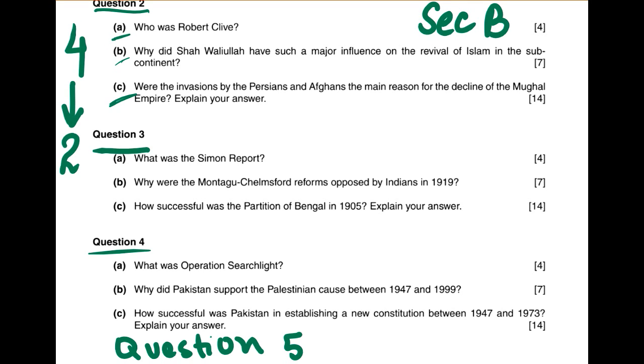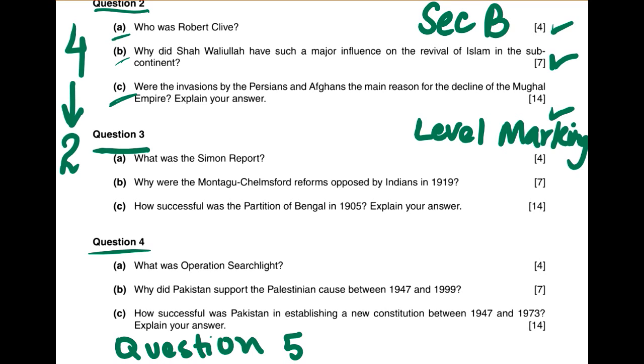So all part A's will have 4 marks, all part B's will have 7 marks, and all part C's will have 14 marks. And there's a specific way to attempt that, which is called level marking, but I won't discuss that in this video. That'll be in a future video.